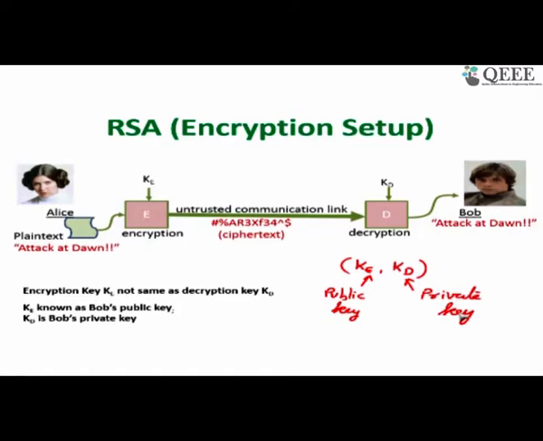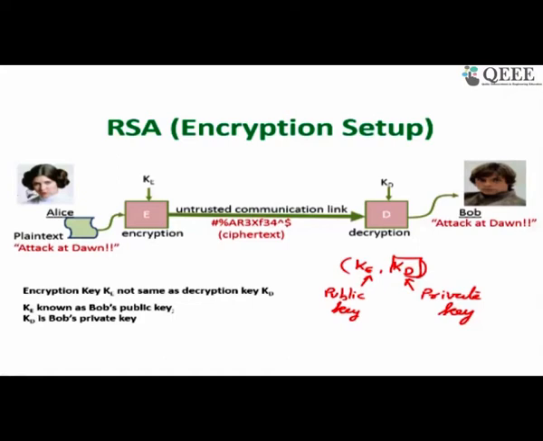So Bob creates this key pair KE and KD. He keeps KD private to himself, while he makes KE public on the internet, maybe publicizing it on his website and so on.